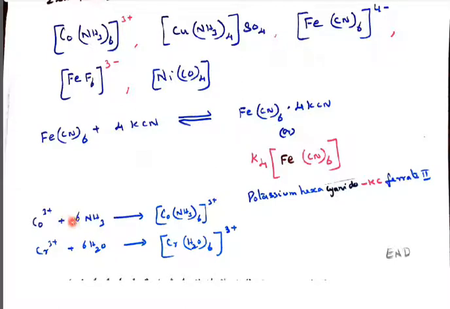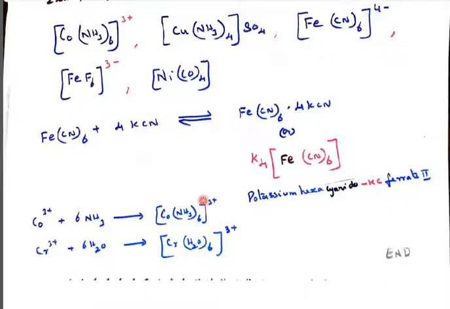Cobalt 3 plus reacts with 6 NH3 and forms [Co(NH3)6]3+, and chromium 3 plus with 6 H2O forms [Cr(H2O)6]3+. Here the number is 6, so hexaamminecobalt(III) ion, and hexaaquachromium(III) ion, raised to the power of 3 plus.